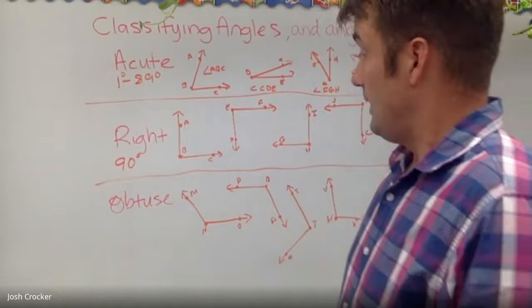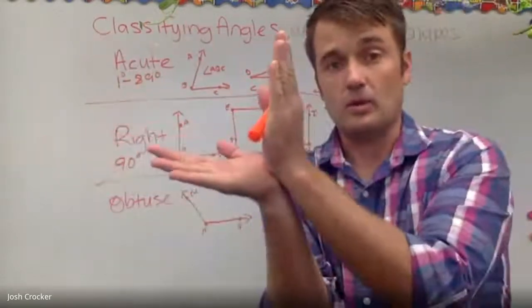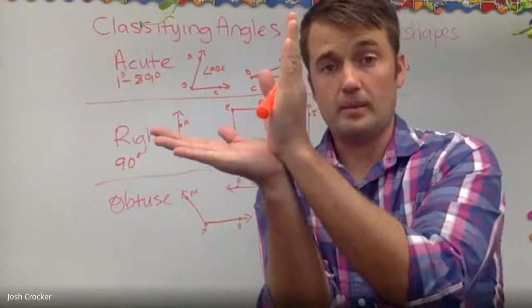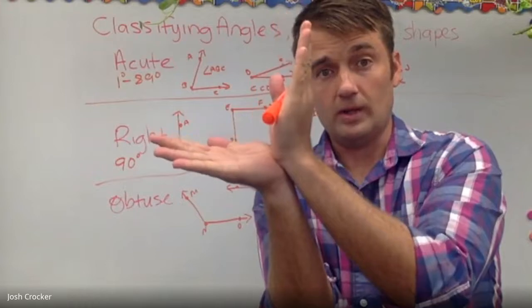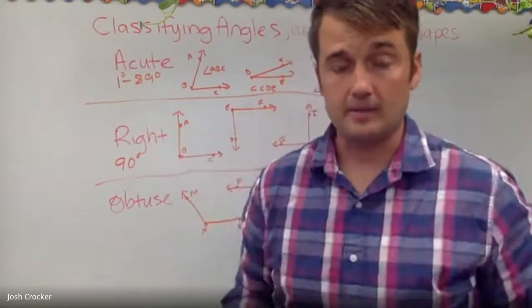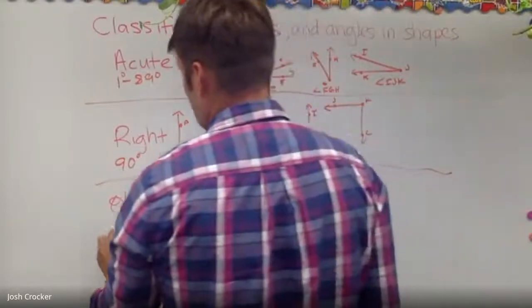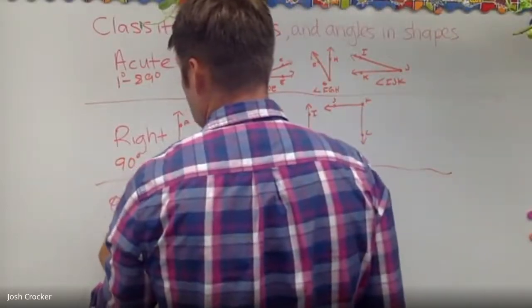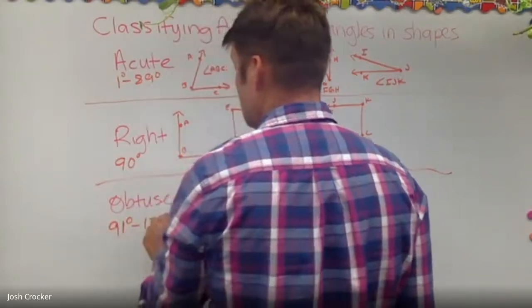Now, obtuse angles are what we call angles when we get past 90. So if exactly 90 is a right angle, one little tick past that becomes obtuse. And obtuse goes all the way from 91 degrees to 179 degrees. Okay.